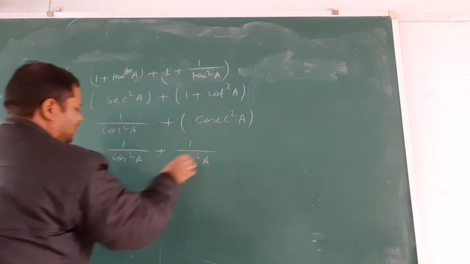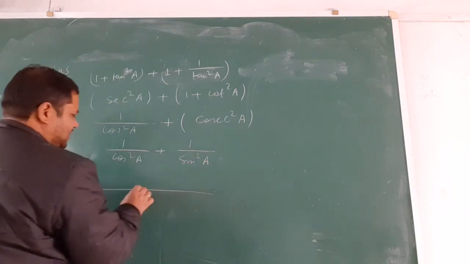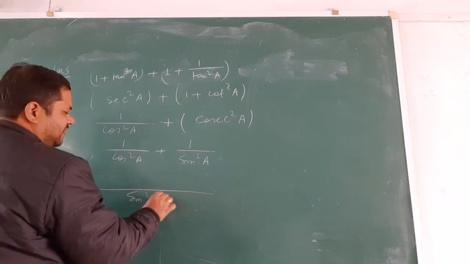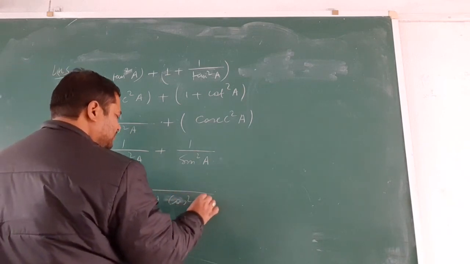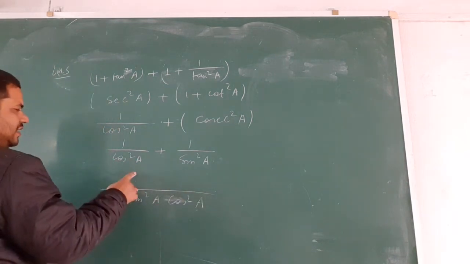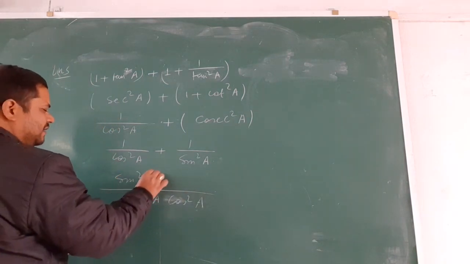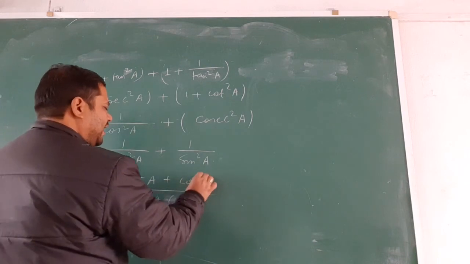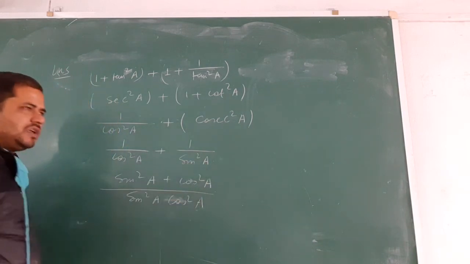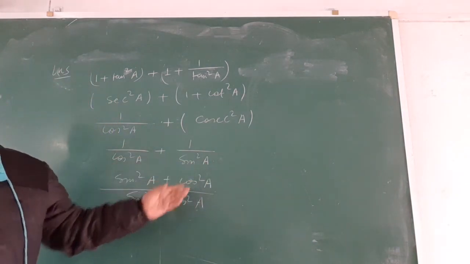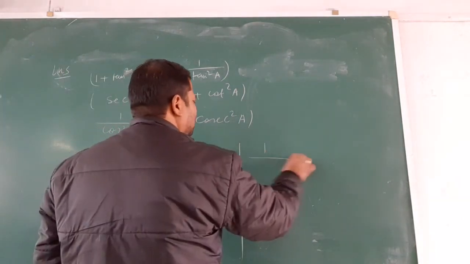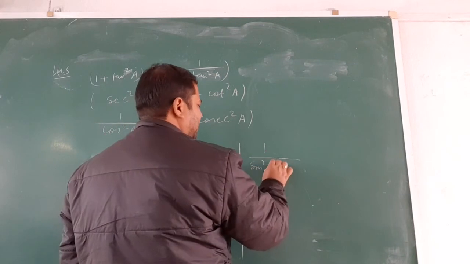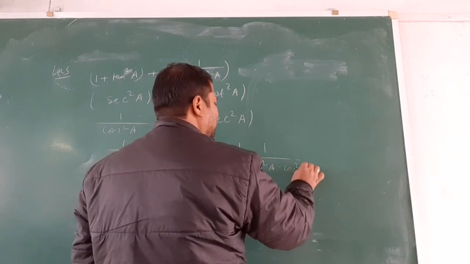Clear? And you know what is the LCM? Sin square a into cos square a. Clear? And this is cos square a, that's why this is sin square a plus cos square a after solving this particular ratio. Right? So 1 upon, what is the answer? 1 upon sin square a into cos square a.